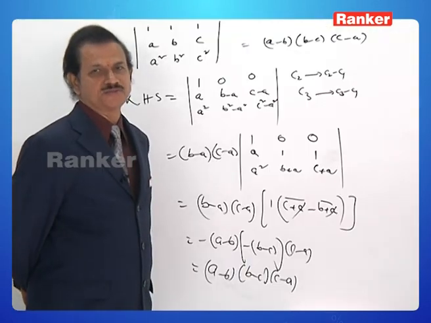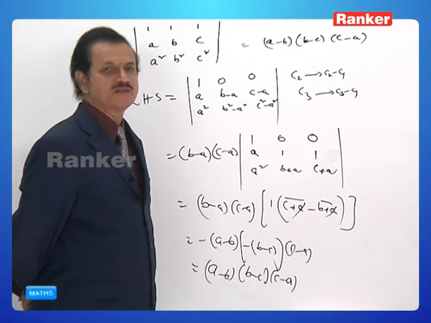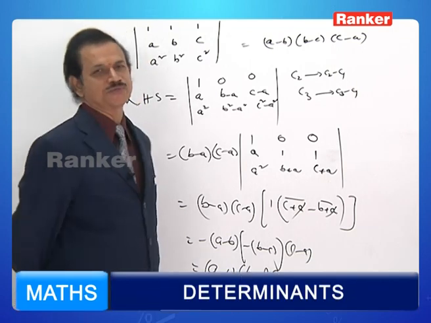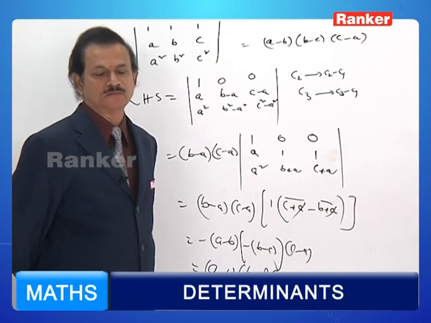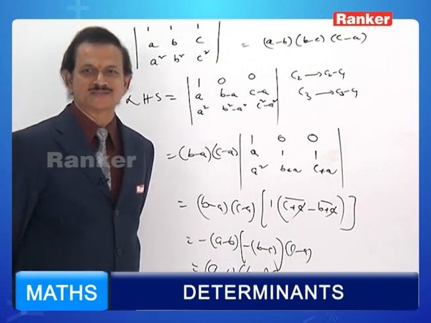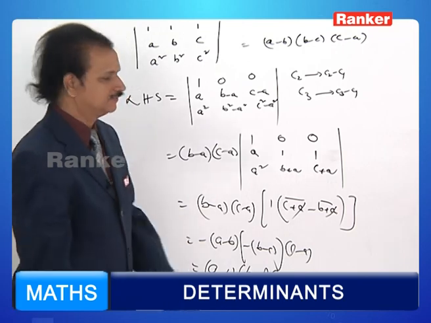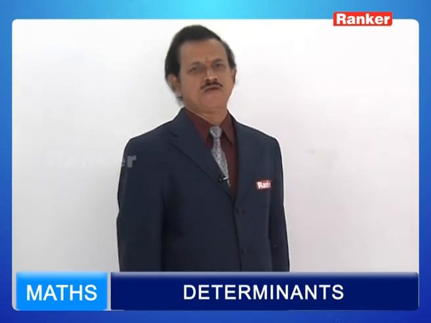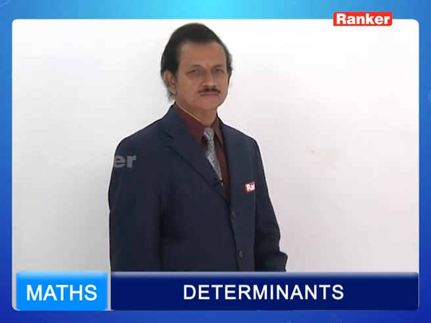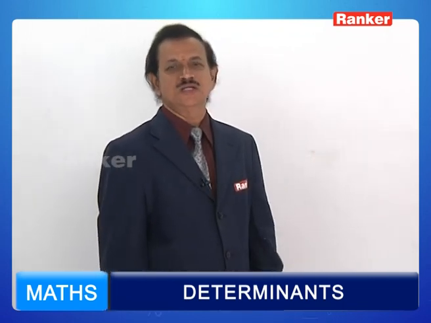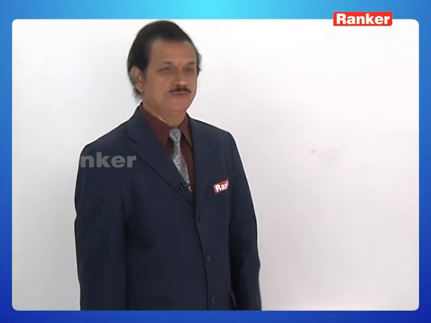Exactly in the similar fashion, you can have the other two determinants also. These are memorable determinants. Next one. There are so many other important determinants which we shall be going through in due course of time very soon.